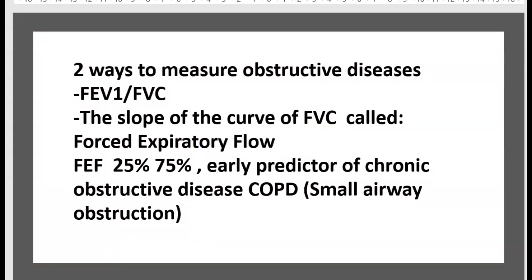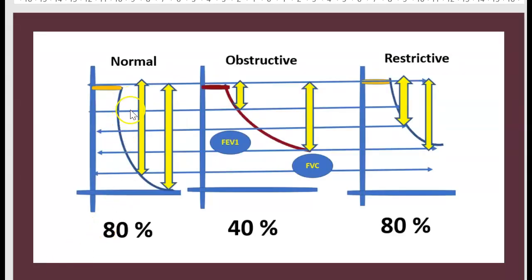Two ways to measure obstructive disease: FEV1 over FVC, and the slope of the curve of FVC called forced expiratory flow, FEF 25% to 75%, which is an early predictor of chronic obstructive disease, COPD, known as small airway obstruction, with a normal FEV1 and FVC.